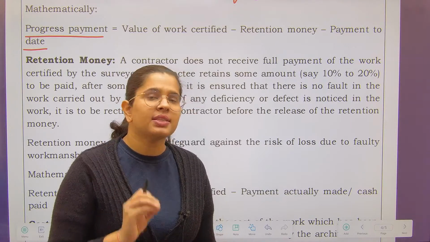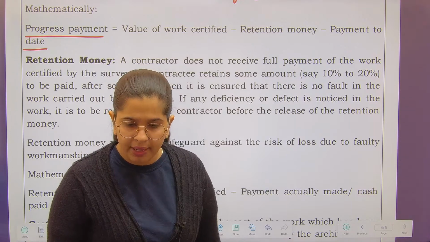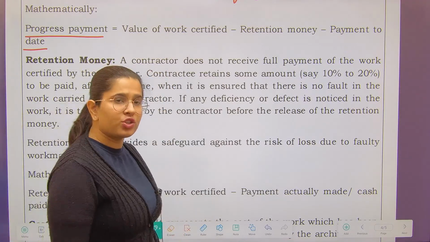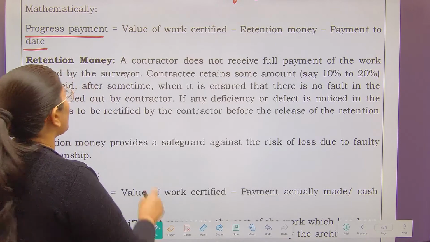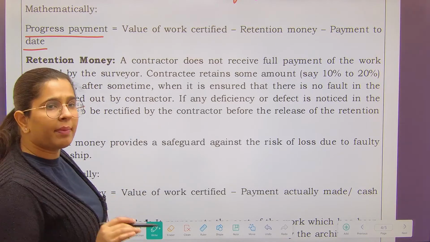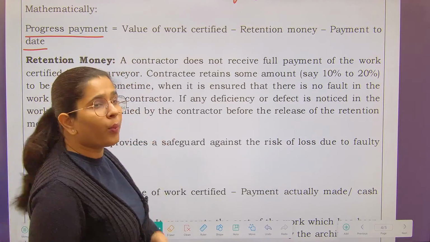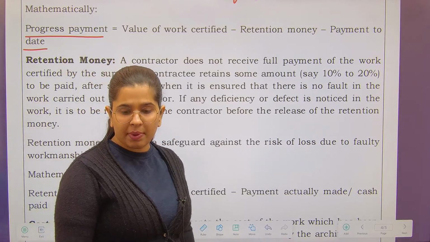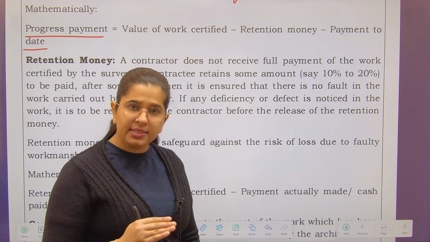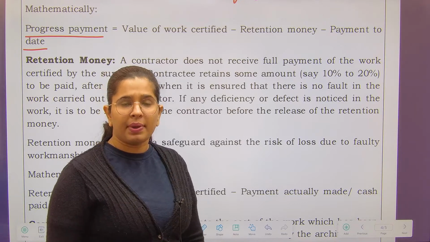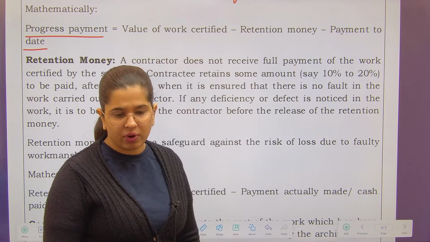They will always retain a certain amount of money. That is called retention money. Less payment up to date: whatever payment has been made till date. This will be your progress payment. Progress payment means you are entitled to receive this payment because you have done work for it.